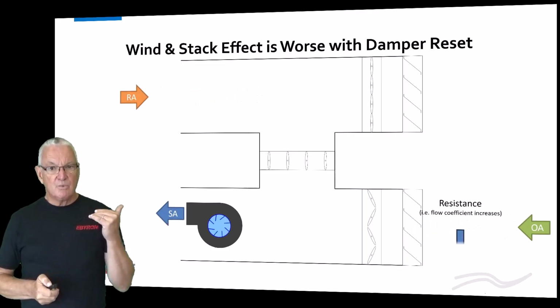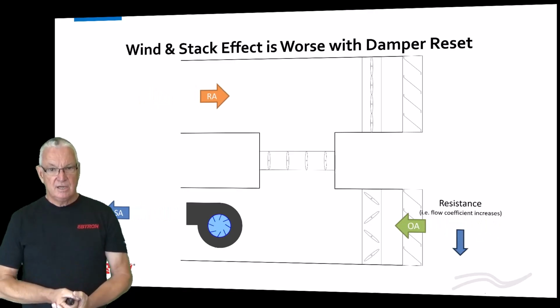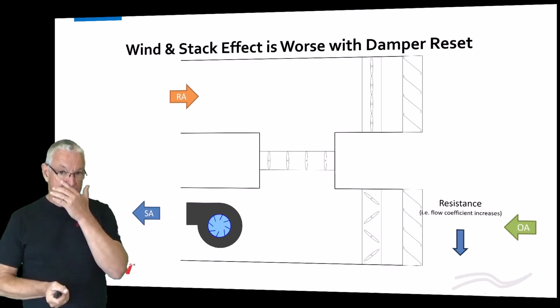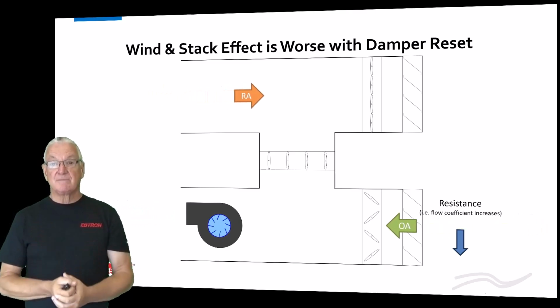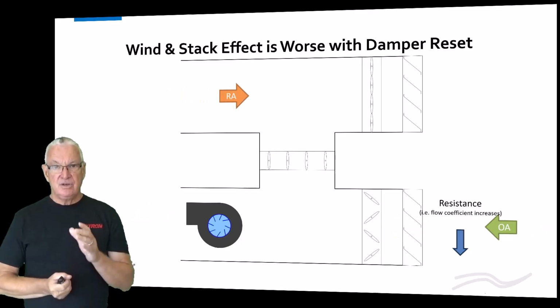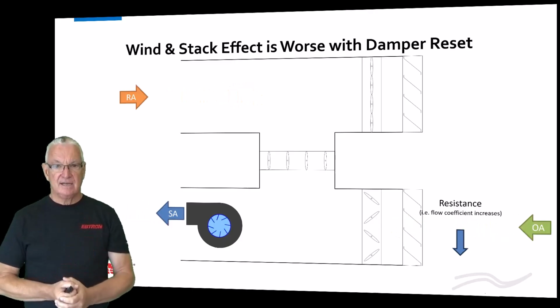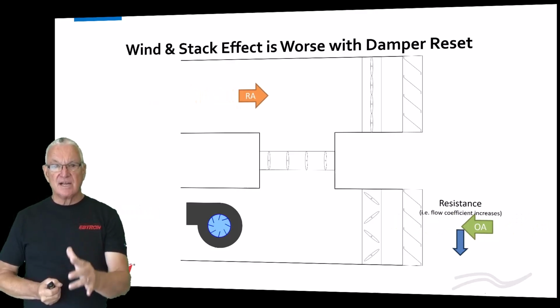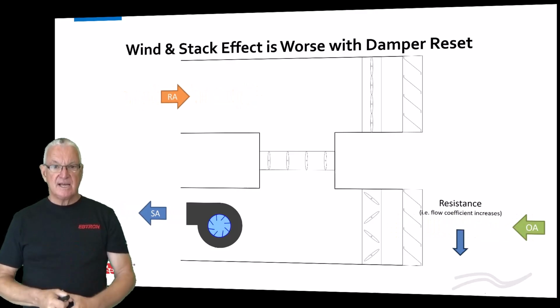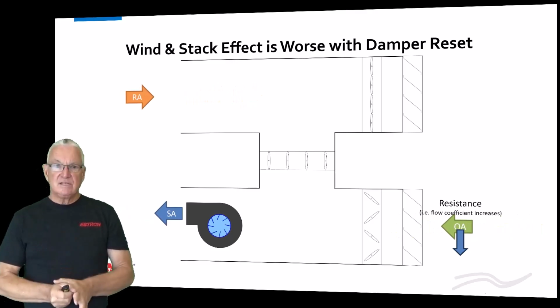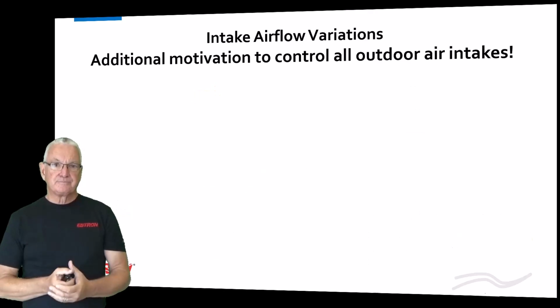So if you go to a more open position, you've decreased the resistance of that intake system, meaning that the wind and stack pressure problem is even bigger. And you need to recognize that, because you don't necessarily see things operationally. Somebody goes out, sets it up, walks away, and you wonder why these buildings don't really work.